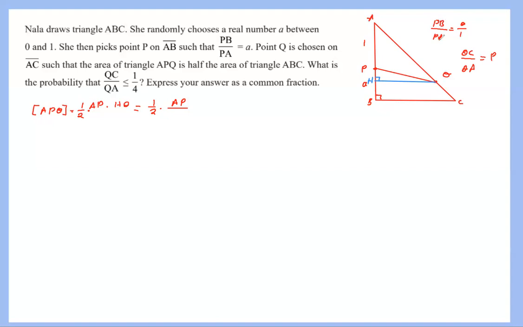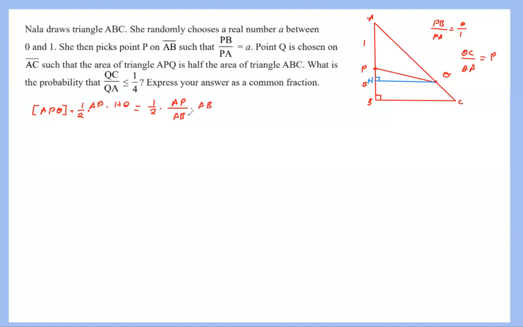We know that PB divided by PA, this ratio, is A over 1. So I will get PA divided by PB, right? But let me write AP divided by AB. I'm writing AB instead of PB because I also know AB, and then I can relate AB with this triangle as well. So that's why I need to use AB.